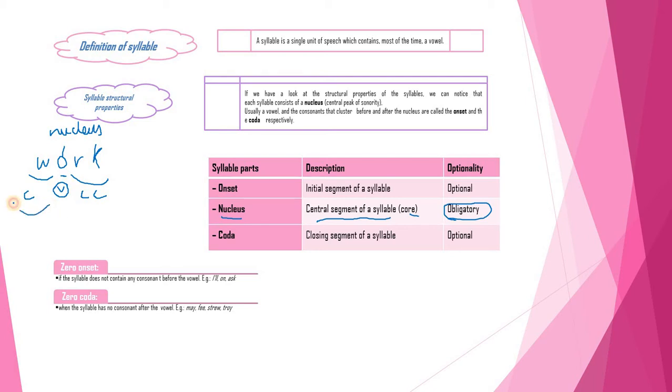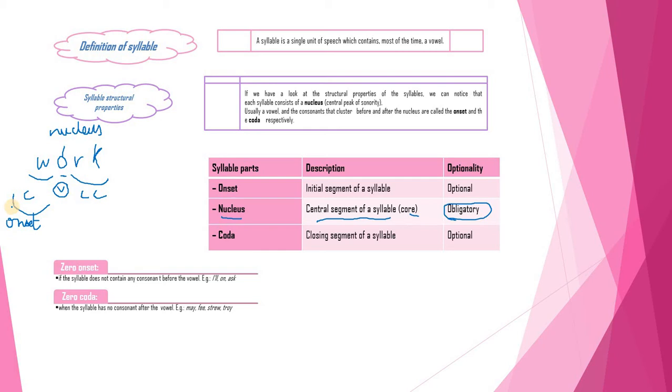And the initial segment is called the onset, which comes before the nucleus. This is the letter W. It is normally the onset.